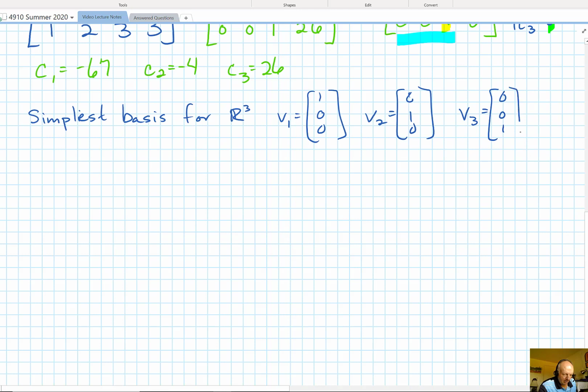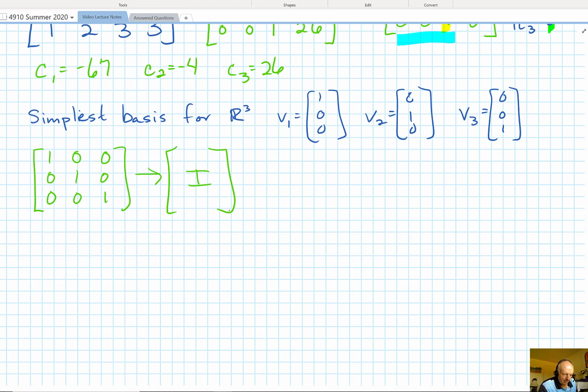So it's real easy to see that those are independent, because if you put them in the little matrix, like I said, and reduce it, oh wait, it's already reduced. It already ends up being the identity matrix. So they are independent. There are 3 of them in R3, so they are independent.